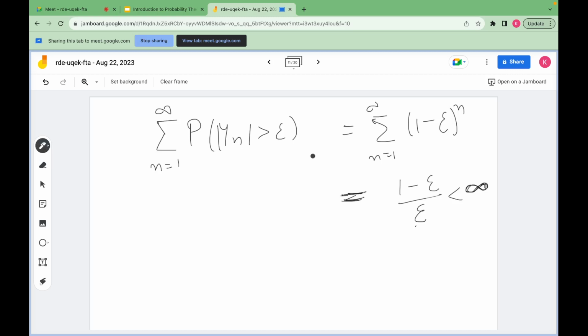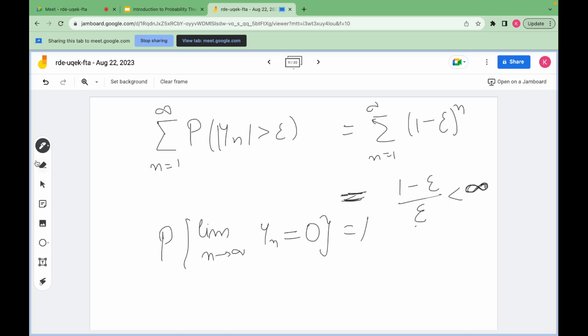So for convergence almost surely, we need that the probability that the limit as n tends to infinity of Yn is equal to 0 should be equal to 1.